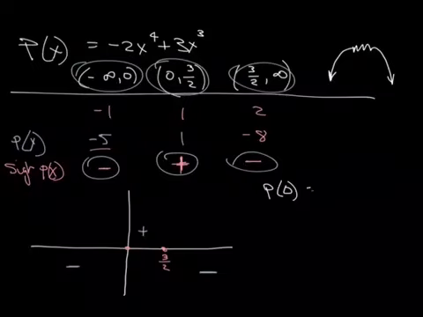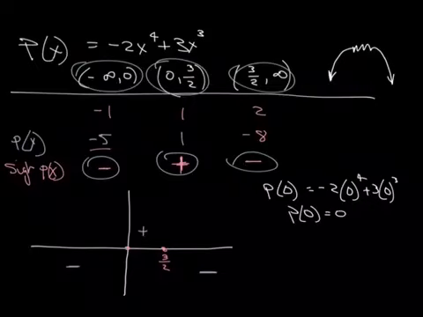We're going to put a 0 in for x. Okay, so P of 0 equals 0. So that's another one of my points, 0, 0. Okay, so that works for me. So this is where it crosses the y-axis.